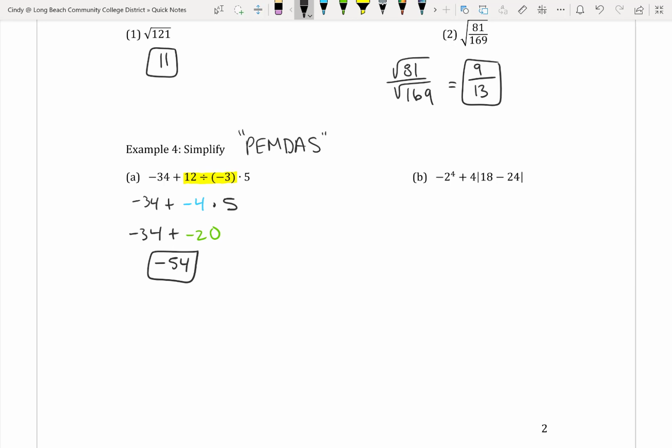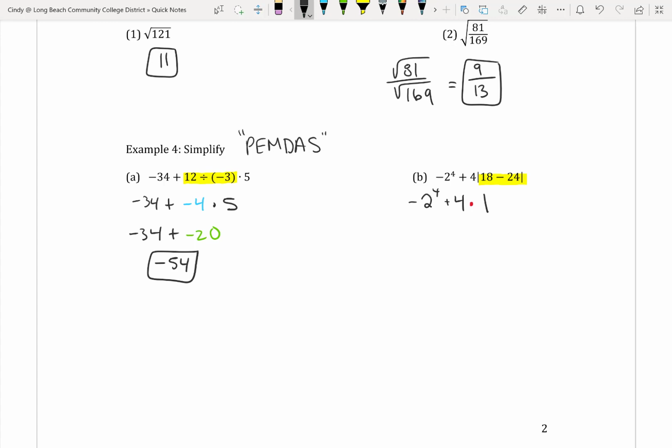For the next one, in our PEMDAS, we do have a sort of parentheses. That's going to be our absolute value. So that's going to be the first thing that I really want to think about. So I have negative 2 to the 4th power plus 4. And don't forget that that 4 is actually being multiplied since it's inside the absolute value.